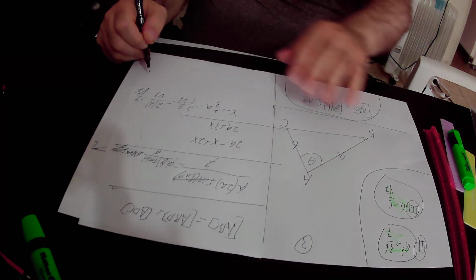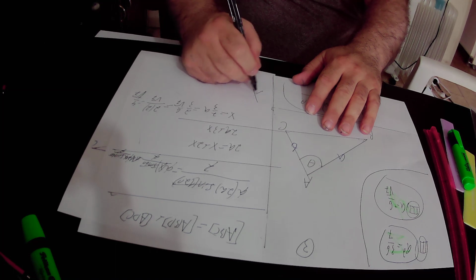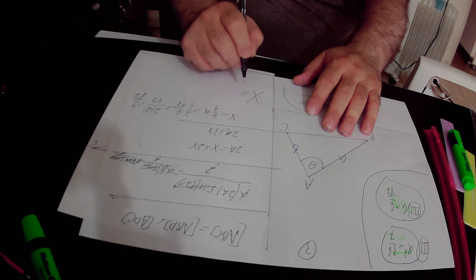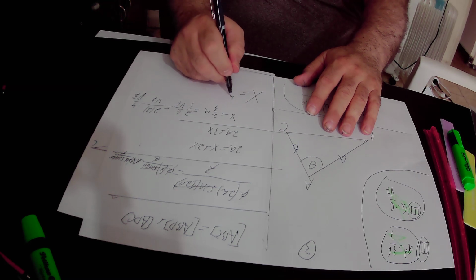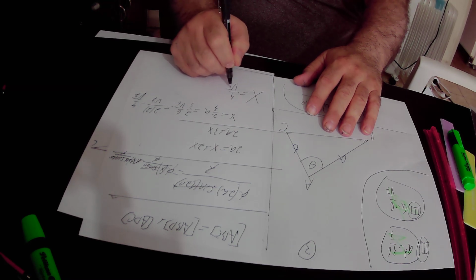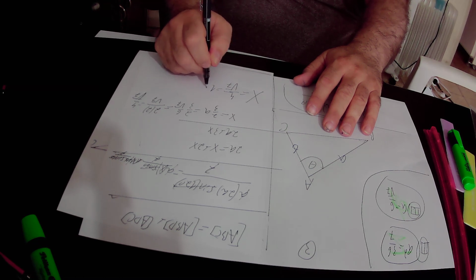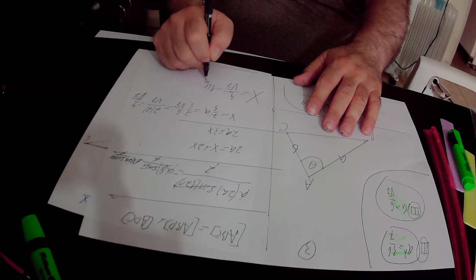So in conclusion, X, the line segment that we are looking for, is equal to 4 over square root of 7 units, or in terms of numbers, 1.51 units.